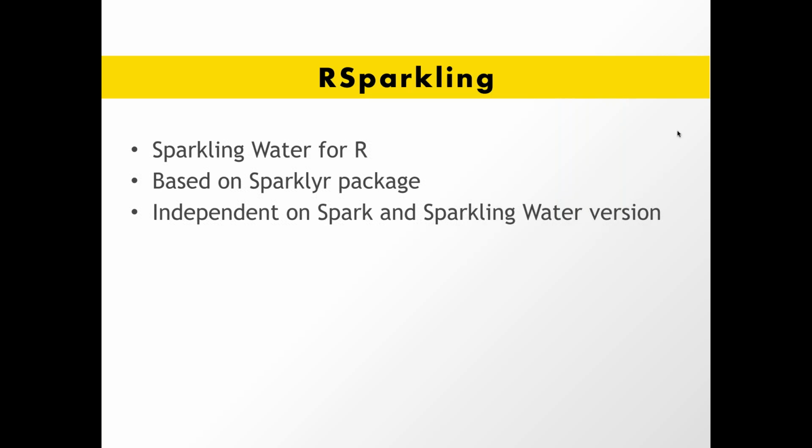So it's basically a tiny client to Sparkling Water, and it's independent of the Sparkling Water version and Spark version, so you can use it with any Sparkling Water and Spark version you want. So those were the three major languages we support: Scala and Java, which I count as one since they are basically all JVM-based languages, then Python and R.